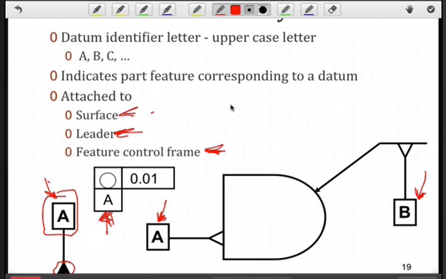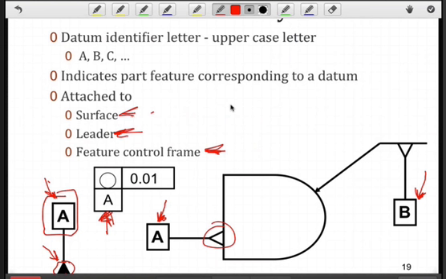And you'll see it in two forms. This is the preferred form here, but you'll also see it attached with an open triangle, and that goes along with previous versions of the specification. So in older versions, you may see that open triangle.